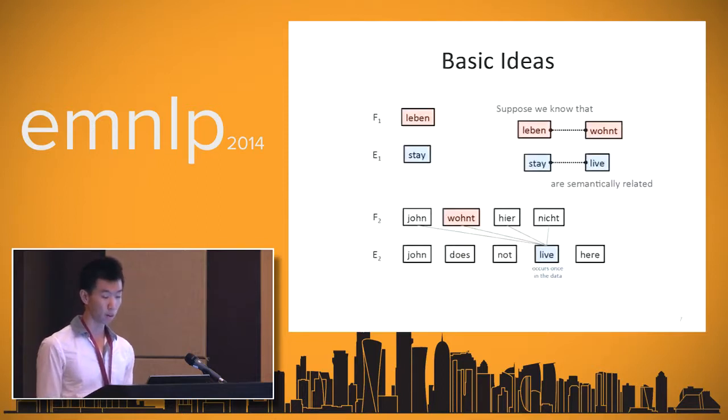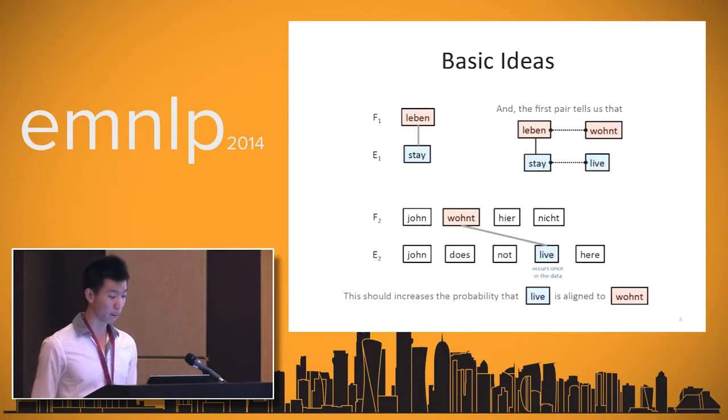So now let's go back to the previous problem. Suppose that now we have some additional information. We know that the words Leben and wohnt are semantically close, and we also know that stay and leave are semantically related. Does this extra information help you align the word leave to the rest of the words in the sentence on the other side of the parallel sentence?